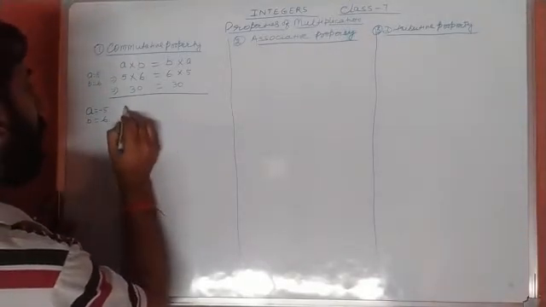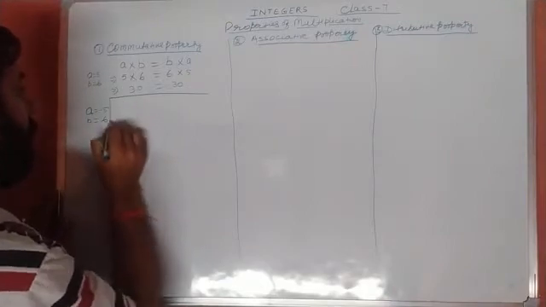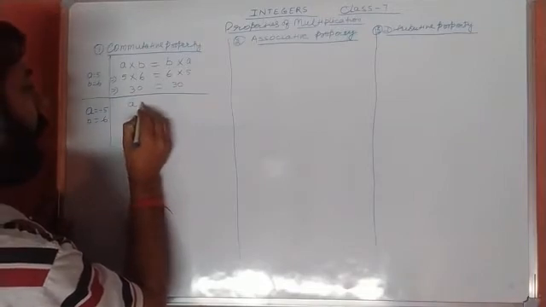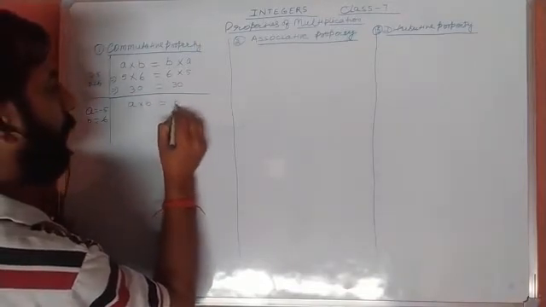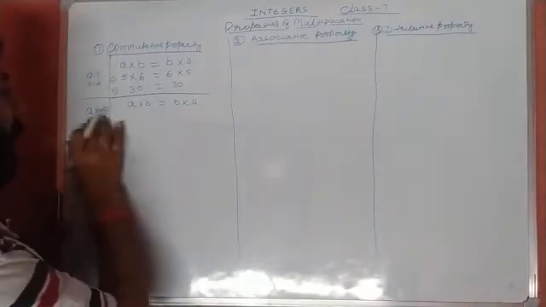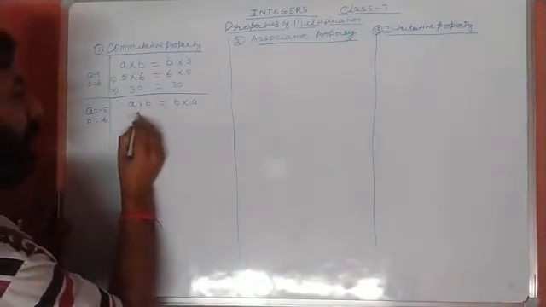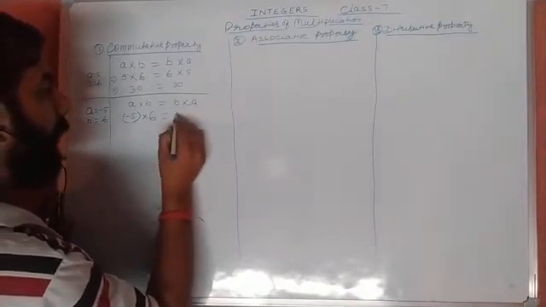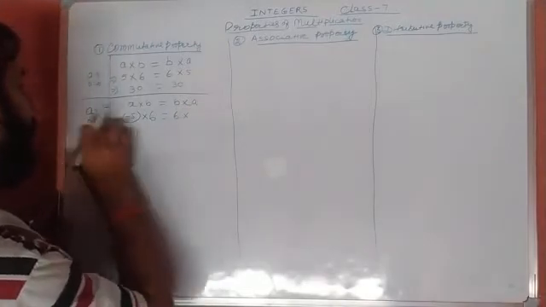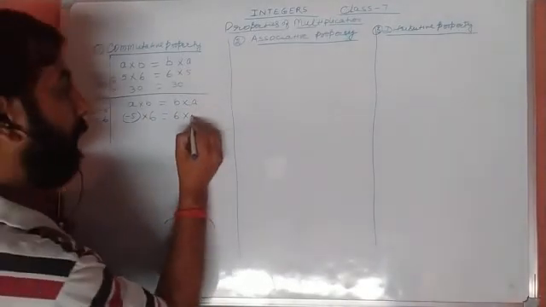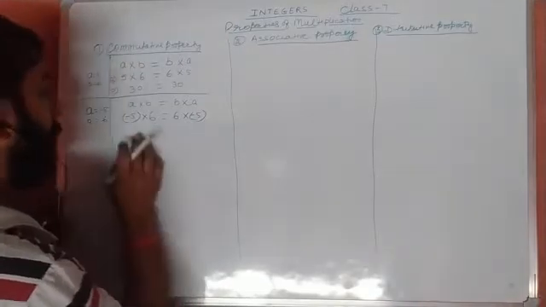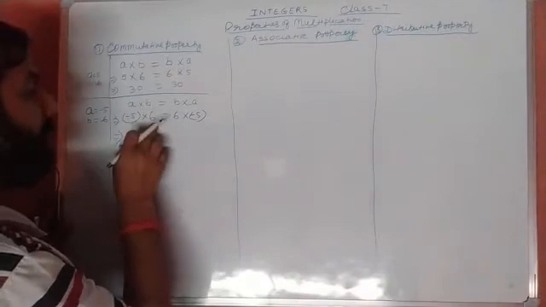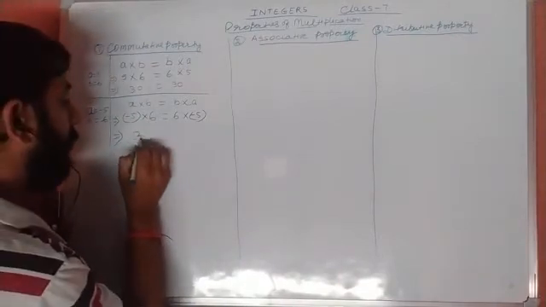Then A into B equals B into A. So A is minus 5, minus 5 into B, B is 6. Here B will be 6 into A, A is minus 5. So it will be minus 5 6s are 30. The answer will be 30.